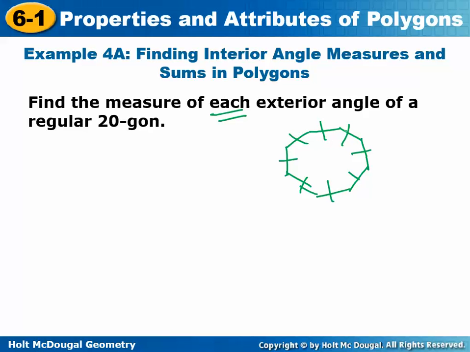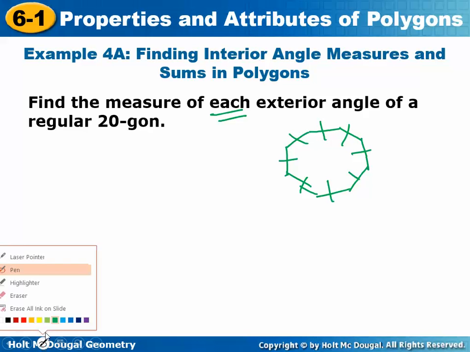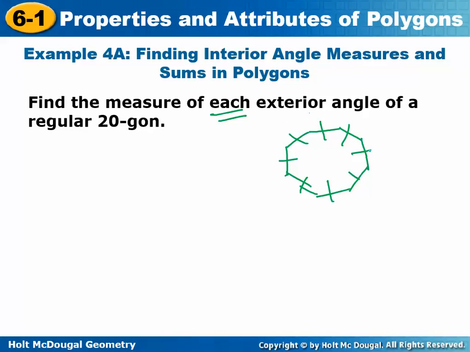So if I know that the exterior angles will add up to 360, here, let me sketch those. This angle here, and this angle here, and this angle here, and this angle here, and this angle here. All 8 of those exterior angles will add up to 360. There's 8 of them. I'll just call it N. They're all the same.